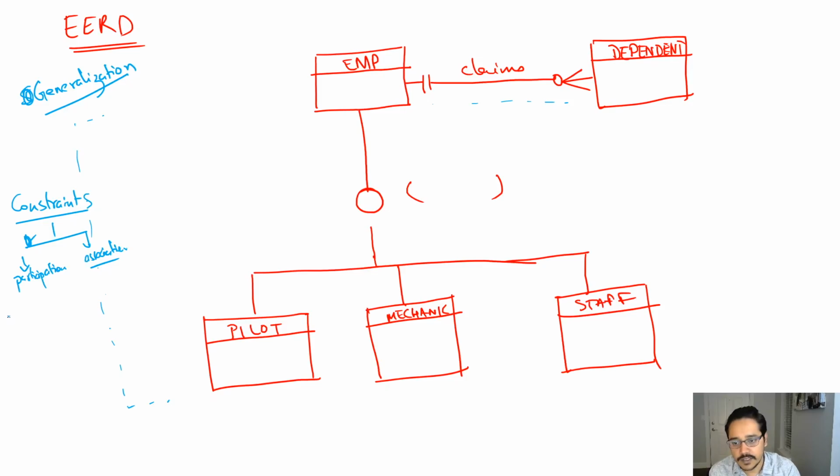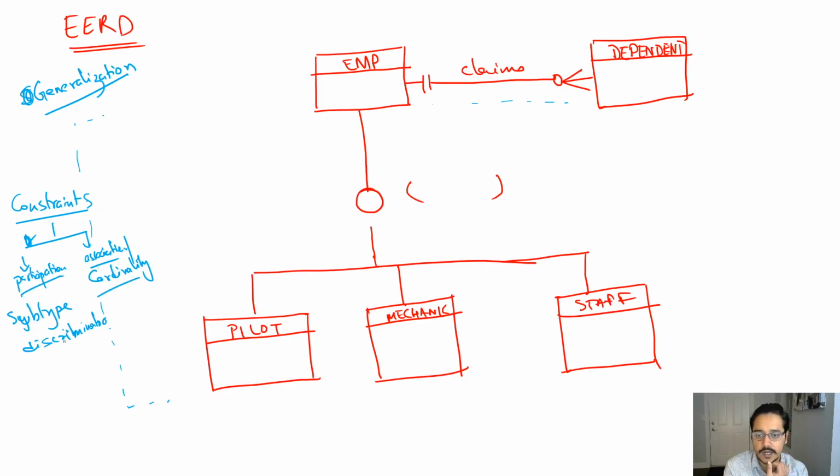And then there is a subtype discriminator. So participation and association is basically another word for cardinality. Association or cardinality. So let's talk about what these components are first, and then we can come back to this design and make more sense of it.